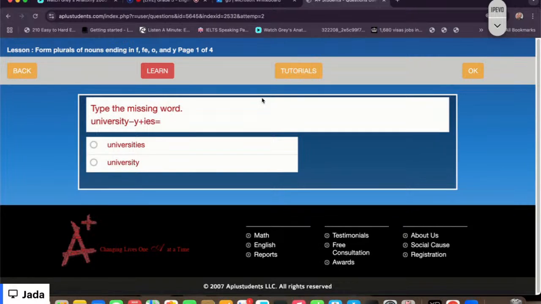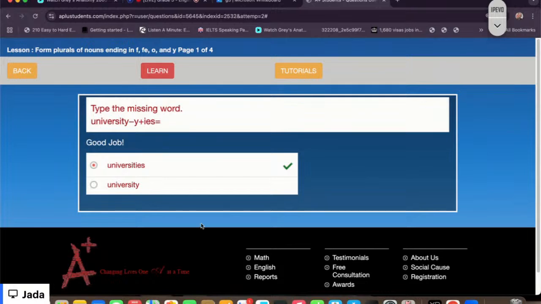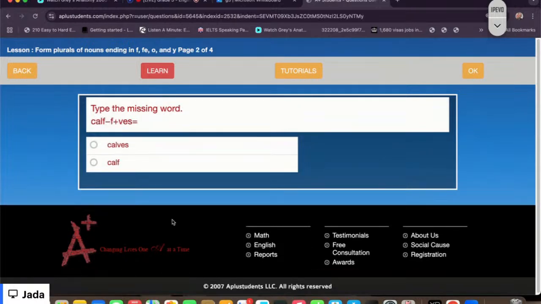So we have option one. And what do we have here for calf?